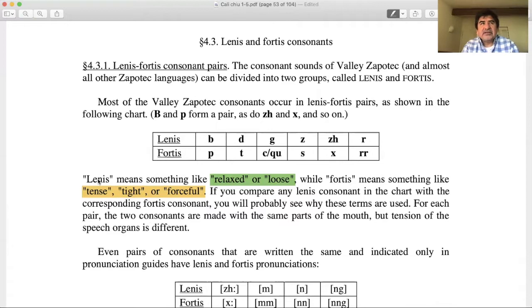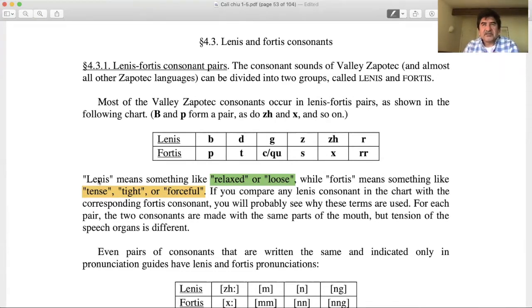One thing I learned when I was learning English is that English also has lenis and fortis, and when pronouncing the fortis there is an expulsion of air out of your mouth.